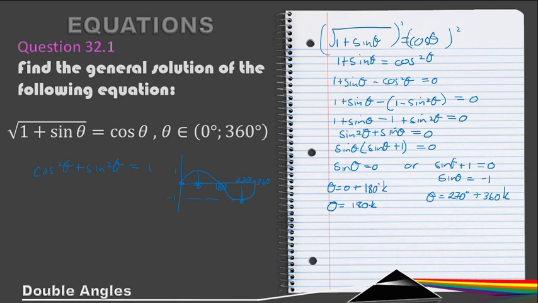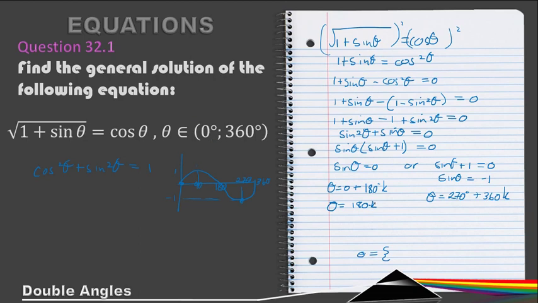Now to find the specific solutions that fall between these two values, I can substitute in values for k. If I say theta is equal to 180k, and put 0 for k, I get 0, but 0 is excluded because this is a round bracket, so 0 doesn't fall in this.